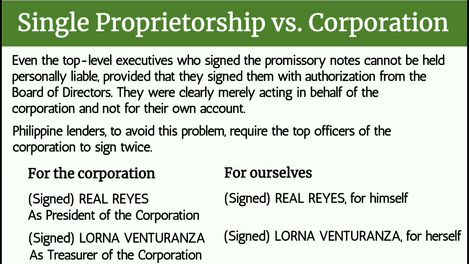And at the same time, Mr. Real Reyes and Miss Lorna Venturanza are also principally liable in their own personal capacity for the debt, having signed the promissory notes for themselves. Their personal assets, such as homes, cars, and jewelry, could be subjected to court action for recovery of an unpaid debt.